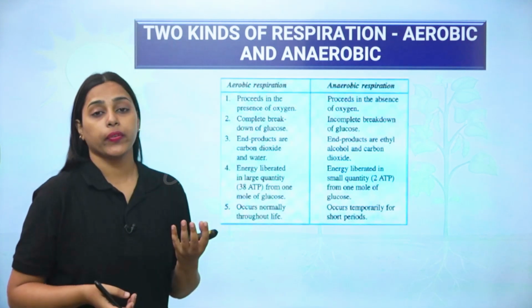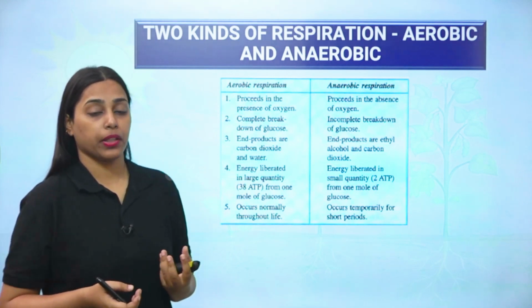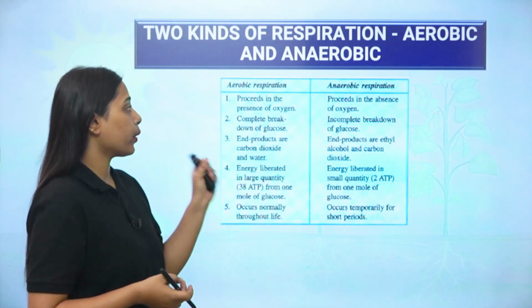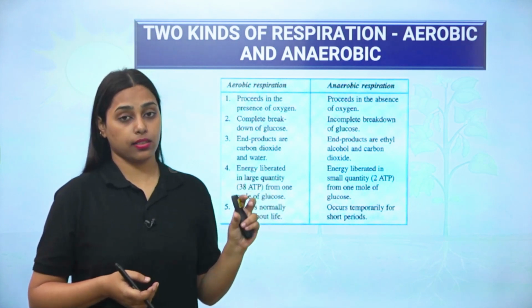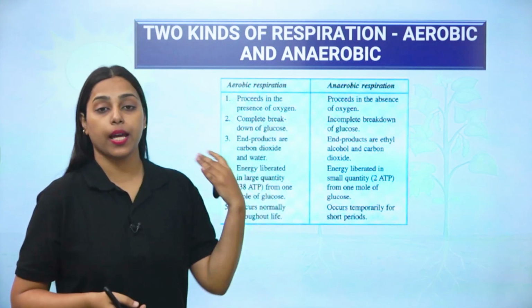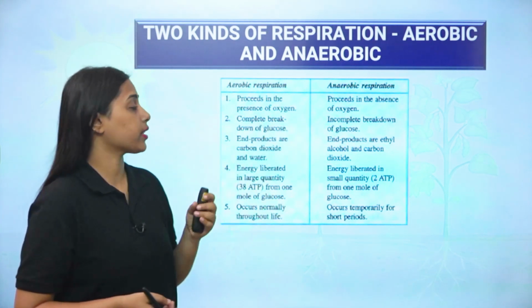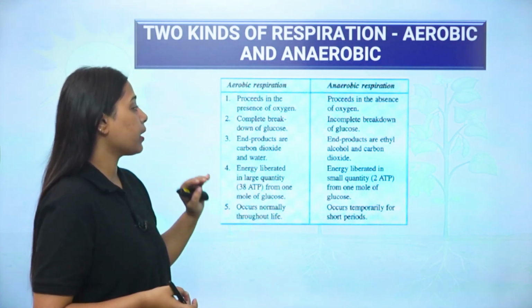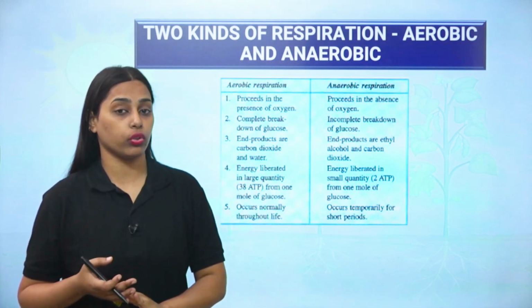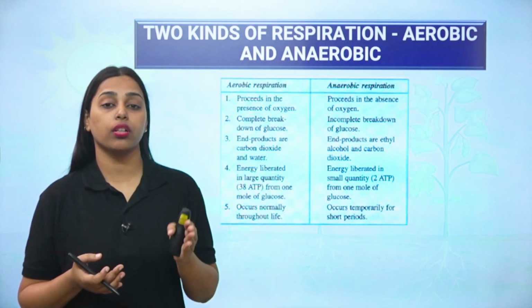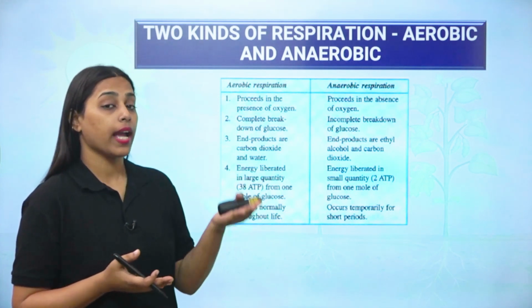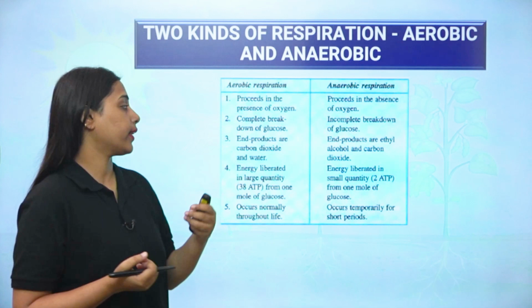So the difference between aerobic and anaerobic respiration could be formulated as follows. Aerobic respiration proceeds in the presence of oxygen. Anaerobic respiration proceeds in the absence of oxygen. Aerobic respiration involves complete breakdown of glucose. Anaerobic respiration involves incomplete breakdown of glucose, which turns into ethanol and CO2.